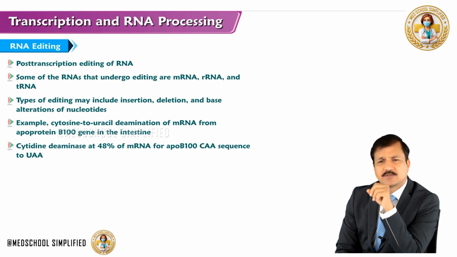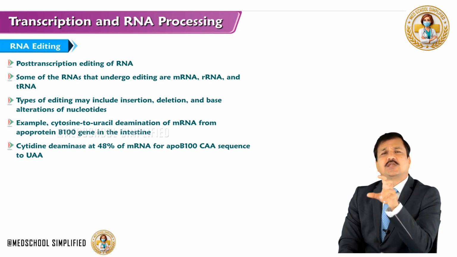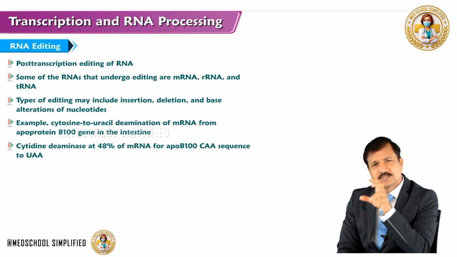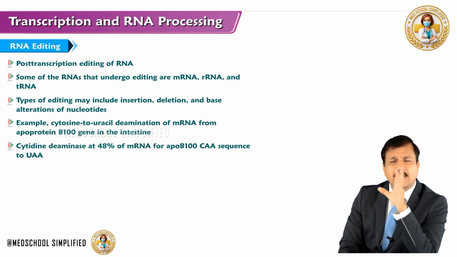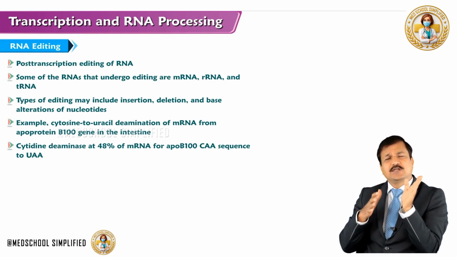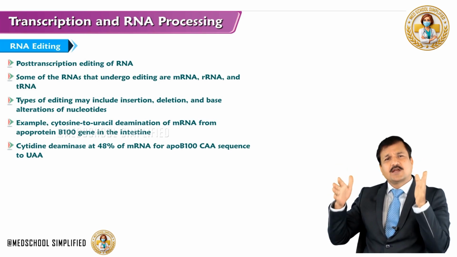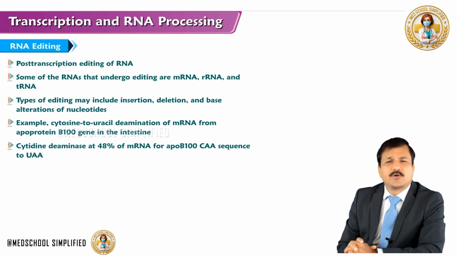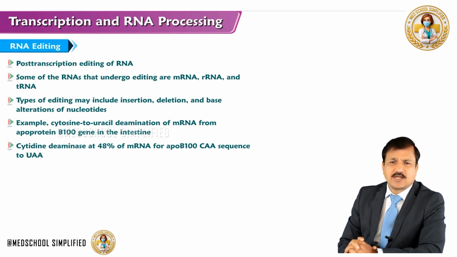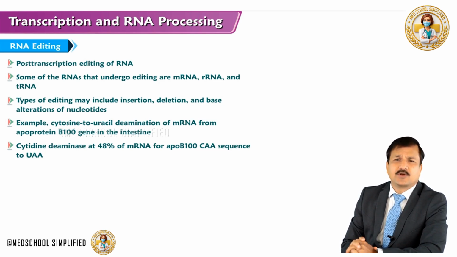So CAA becomes UAA because of the action of cytidine deaminase, and UAA is a stop codon, and that means only 48% of the mRNA is translated, and you get apoprotein B48 instead of apoprotein B100.